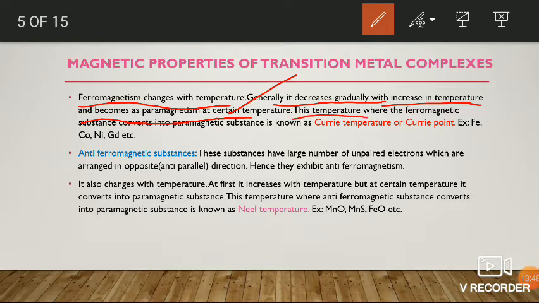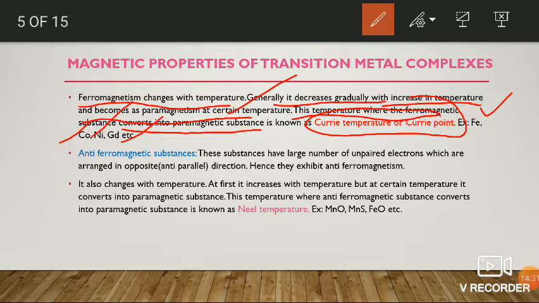This temperature at which a ferromagnetic substance is converted into a paramagnetic substance is generally known as the Curie temperature or Curie point. That is, the temperature at which a ferromagnetic substance is converted into a paramagnetic substance is considered the Curie temperature or Curie point. If you observe examples for ferromagnetic substances, they are mainly iron, cobalt, nickel, and gadolinium.